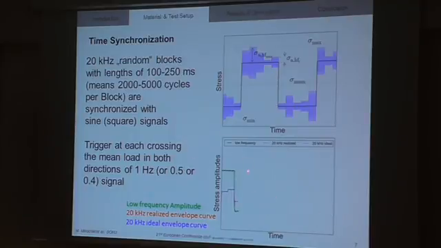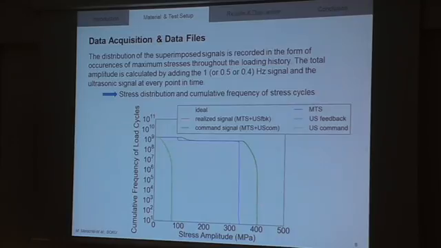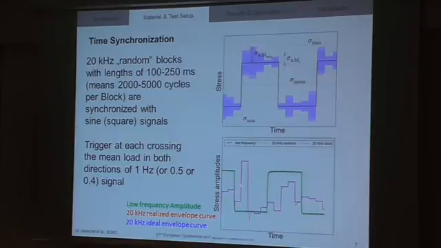In this diagram you can see in green the low frequency signal, and in blue and red the envelope curve of the 20 kHz system. In blue is the ideal system, and in red the system we measured during the test.